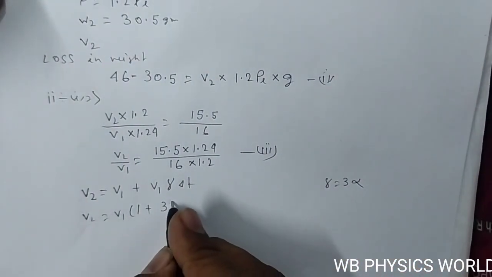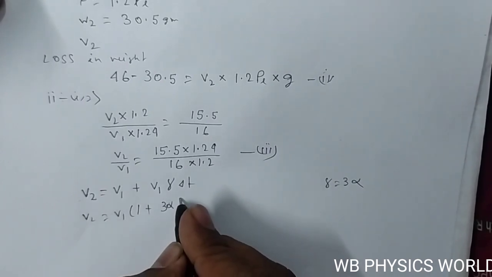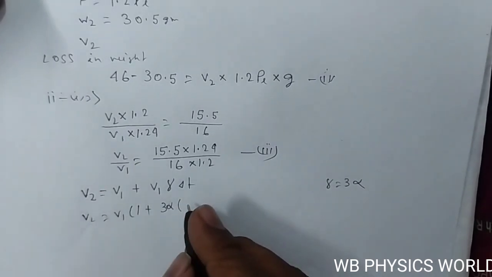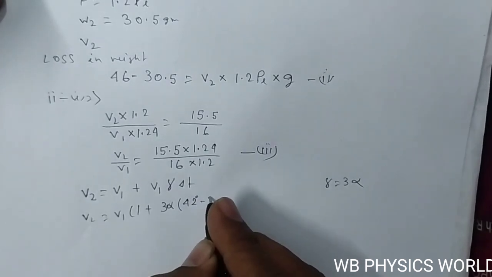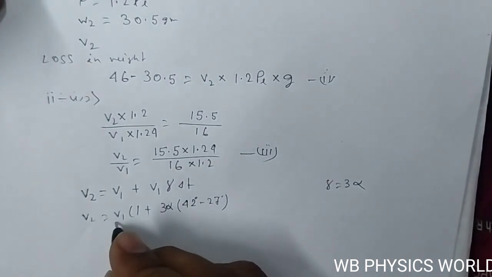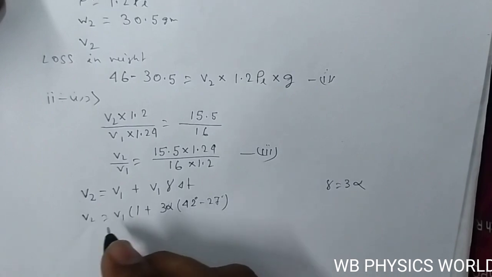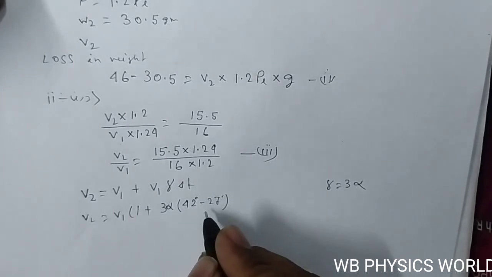So the change in temperature is 42 minus 27. Here V1 is the volume at 27 degrees Celsius and V2 is the volume at 42 degrees Celsius.